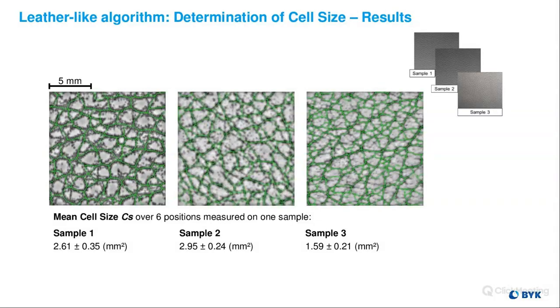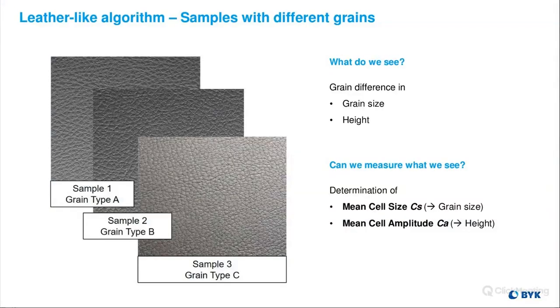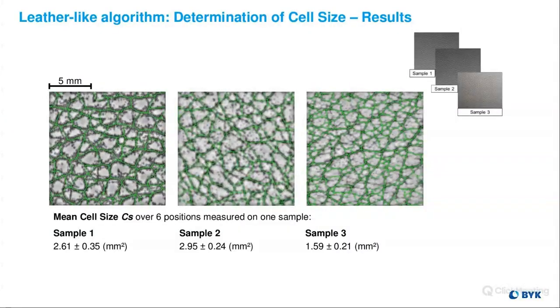If we go back to that original image, sample 3 has the smallest cells across the entire surface. That seems to be true. And sample 2 has the largest cells out of the 3 samples, which also seems to be true. And again, it's not by much. We're looking at very small values in this.